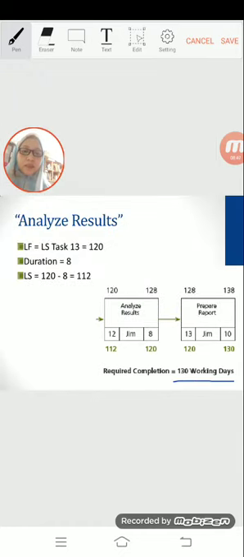So we can see here, 130, we put it here. 130 minus 10 equals 120. Bring it backward. 120 minus 8 equals 112.